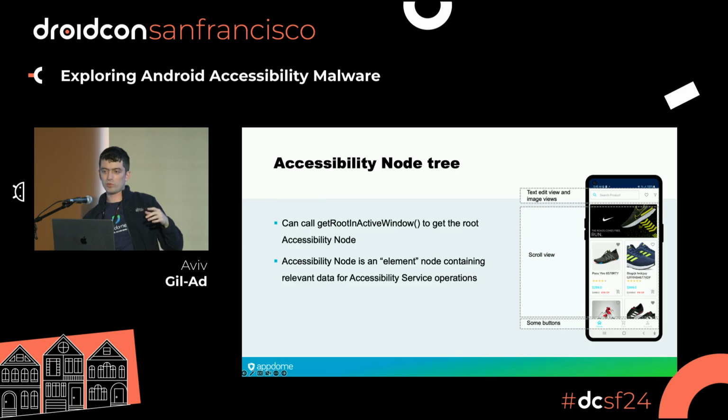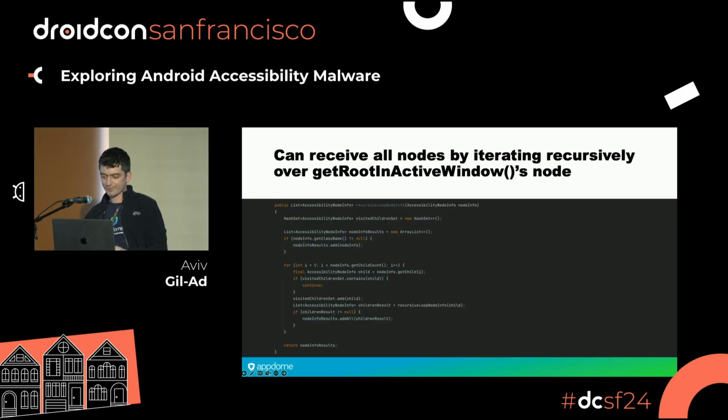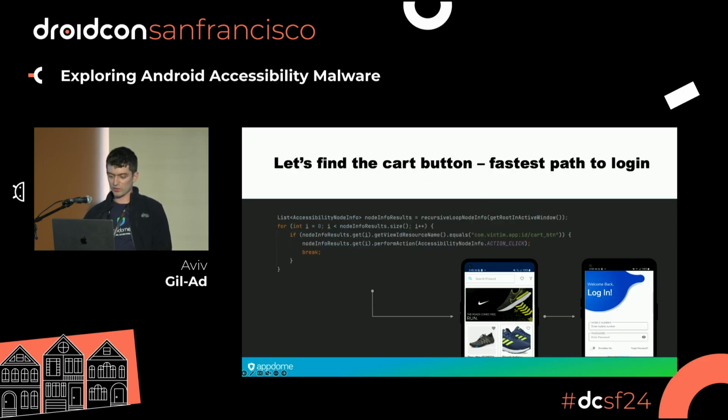So all you have to do is iterate over this node tree until we get the button. In our case, we can discover that this button is called a cart button, which is an indicative name. And then you can press it. It's really simple. There's a function called performAction that you can use to click the button.